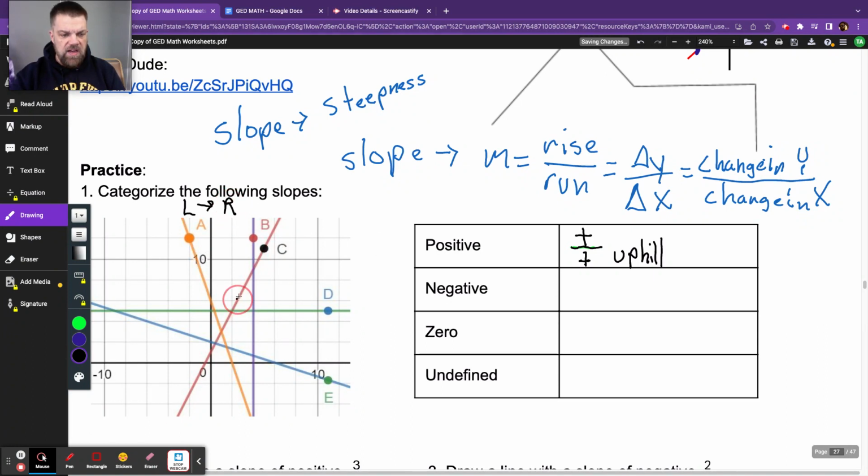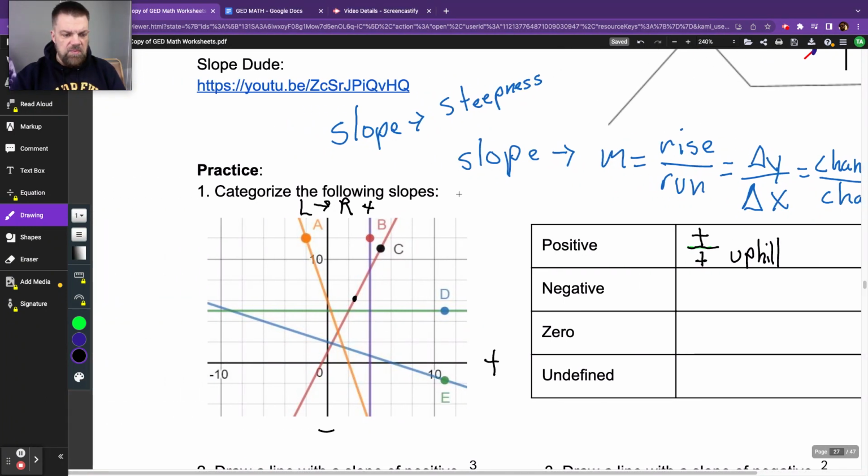In other words, if I'm here at C, I go up and over. Remember, I should probably point this out. On the x-axis, going to the right is positive, and going up is positive. Going down is negative, and going to the left is negative.